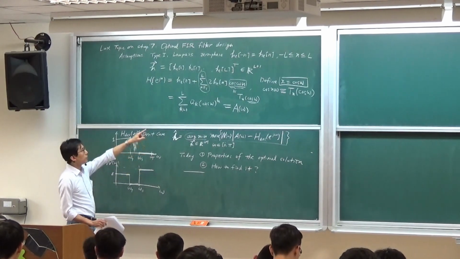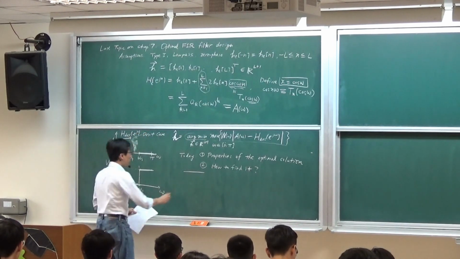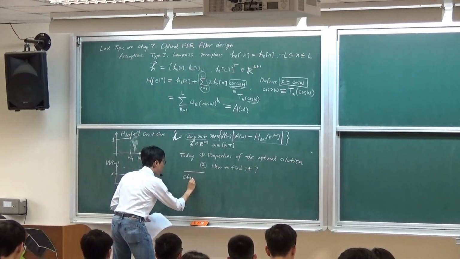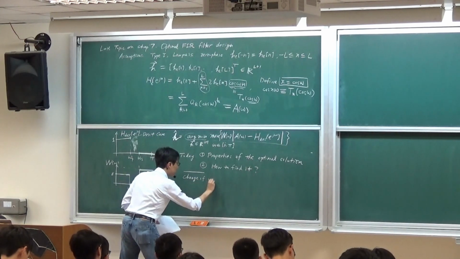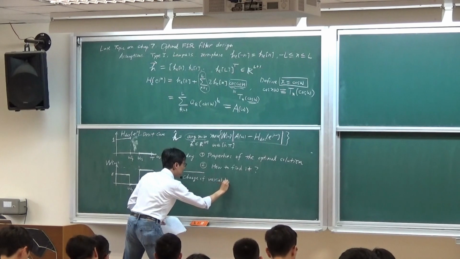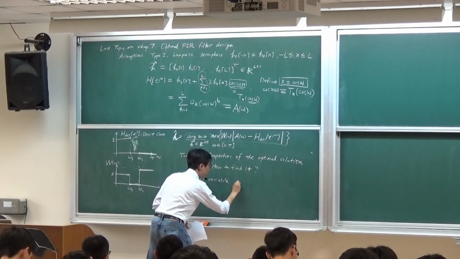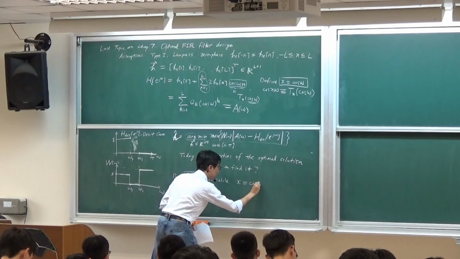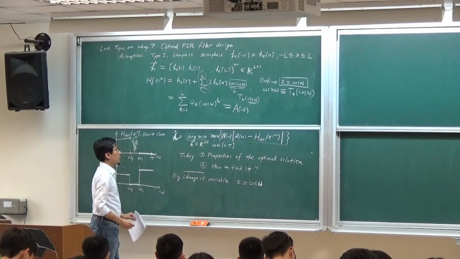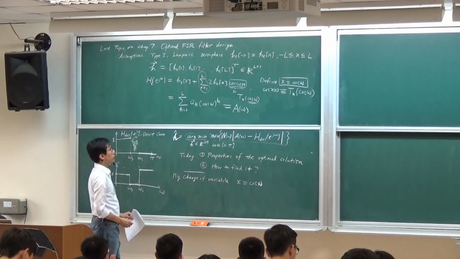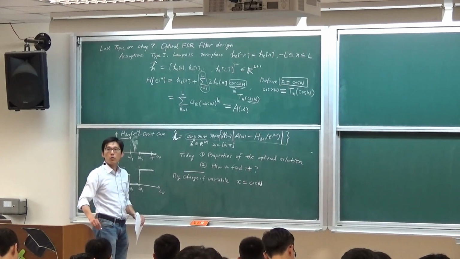But if we use that change of variable, by change of the variable from omega to x, our task becomes to find, at least conceptually, an optimal polynomial.